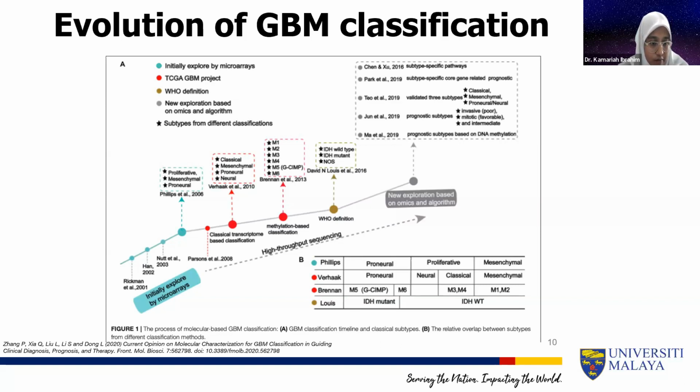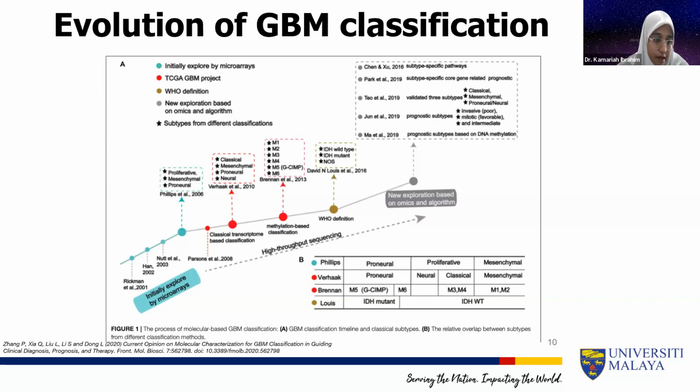Initially, the molecular classification was done by microarrays, started in 2001 by Rickman, followed by Han, Nutt et al. in 2003. After that, with the advance of next generation sequencing or high throughput sequencing, Parsons et al. and The Cancer Genome Atlas group started looking at classical transcriptome based classification.